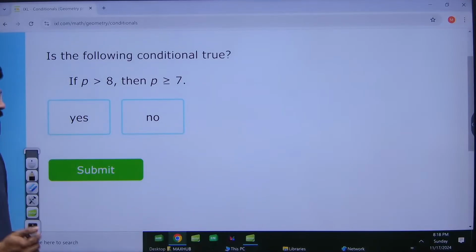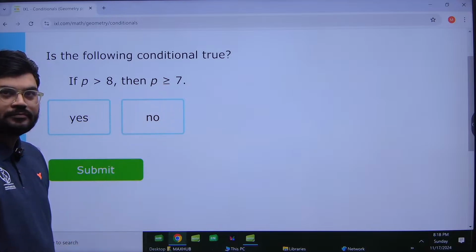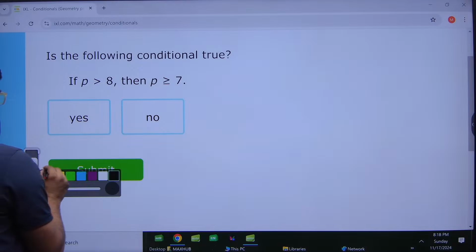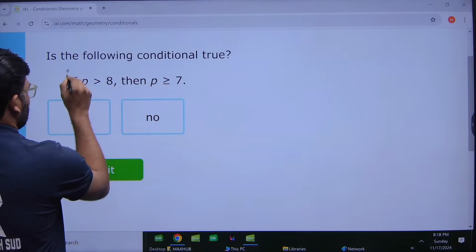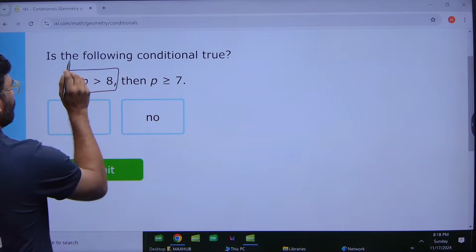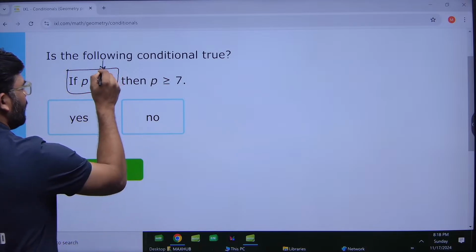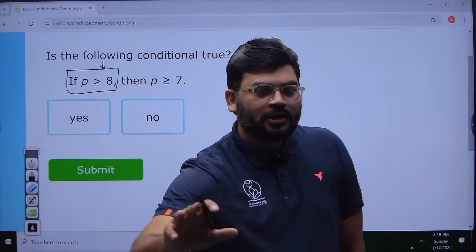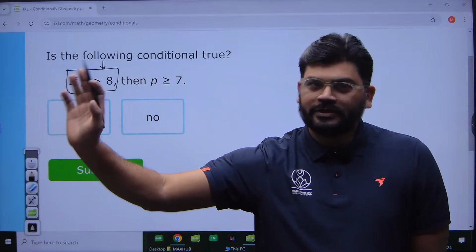Tell me a number which is greater than 8 but not following this condition. So it's saying that P is greater than 8 and P is also greater or equal to 7, but that's false because P can also be equal to 8. No, try to understand. The first rule is you cannot make P equal to 8. You have to think of all the numbers in your life which are greater than 8.